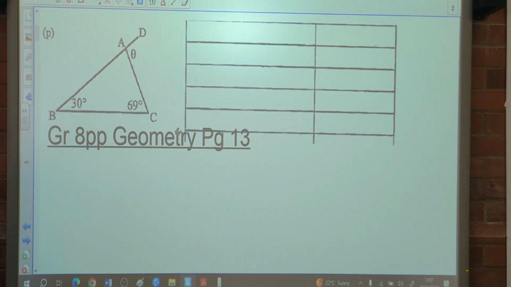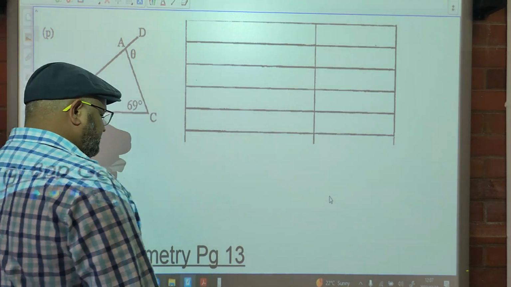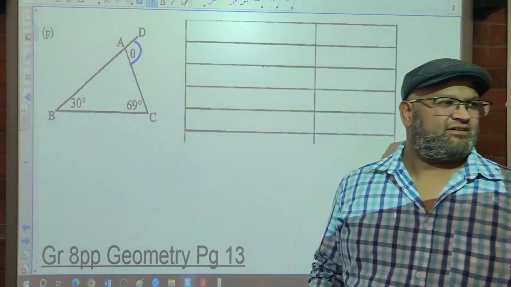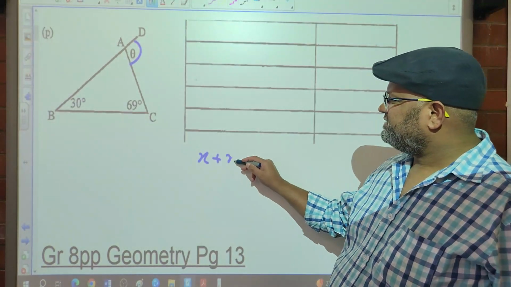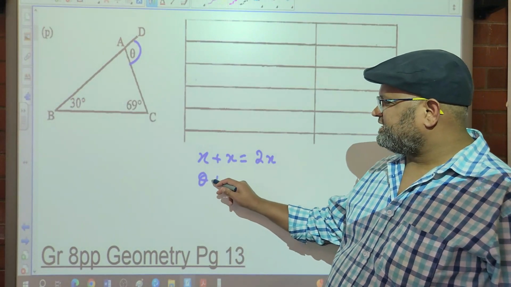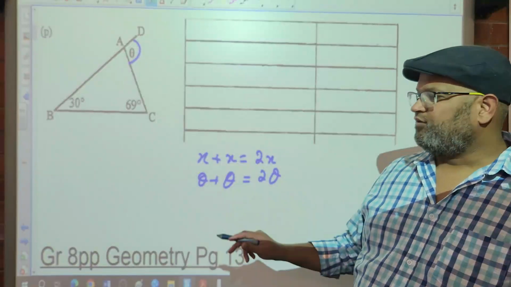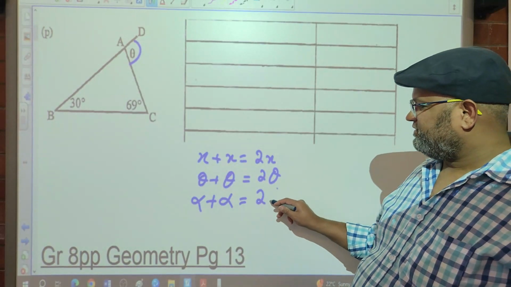Is the same rule being applied? This is the symbol theta. So what is x plus x? 2x. What's theta plus theta? 2 theta. What's alpha plus alpha? 2 alpha.